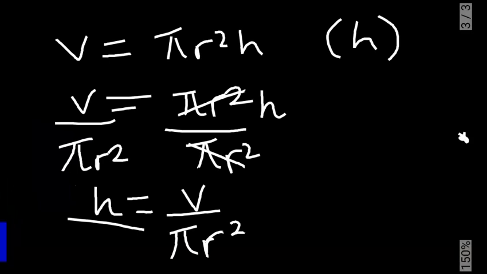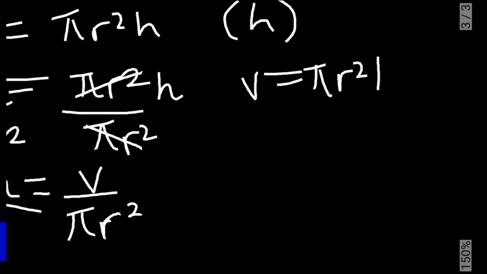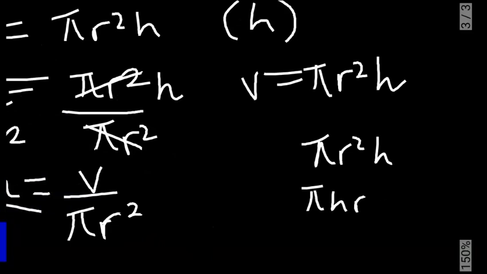Let's say r is also to be the subject of the formula. So v is equal to pi r squared h. Now, we are to make r the subject of the formula. Pi r squared h is also the same thing as pi h r squared; it can be permutated in different ways.